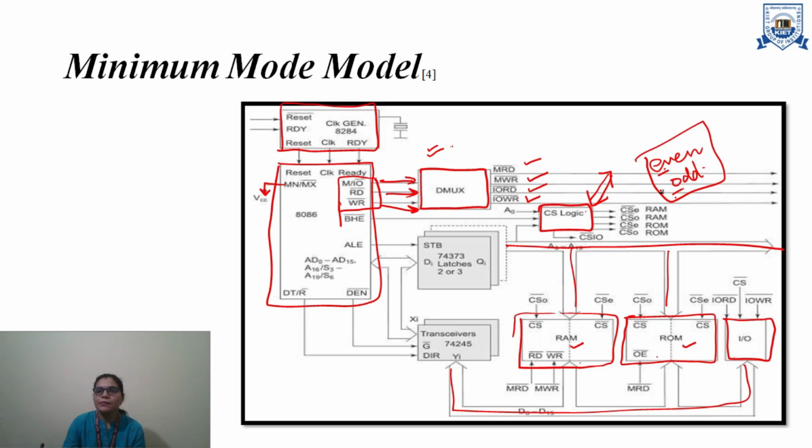We will have chip selection even and chip selection odd for RAM, and chip selection even and odd for ROM memory. This selection will be driven by two pins, BHE bar, bus high enable, and address pin A0.